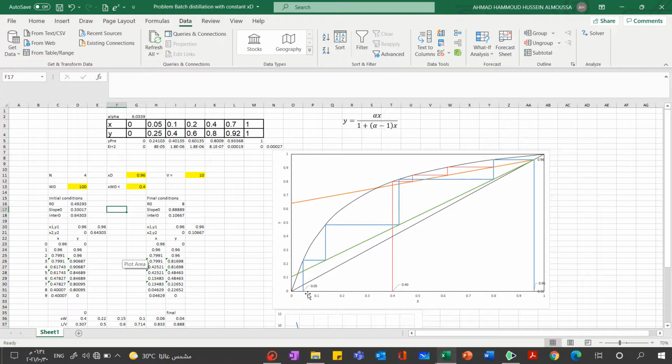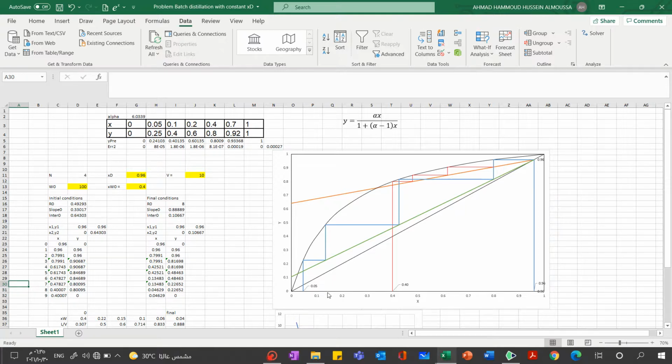If you want only 3 stages, you want only 7 points, 1, 2, 3, 4, 5, 6, 7. So you will delete 8 and 9 and put the last y value as 0, so it goes across the x-axis.